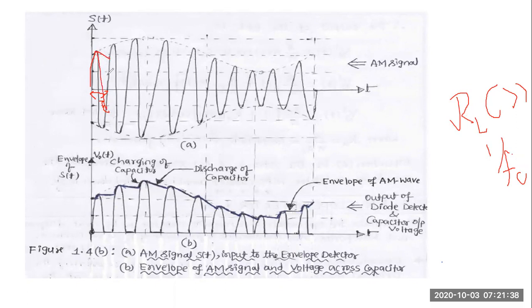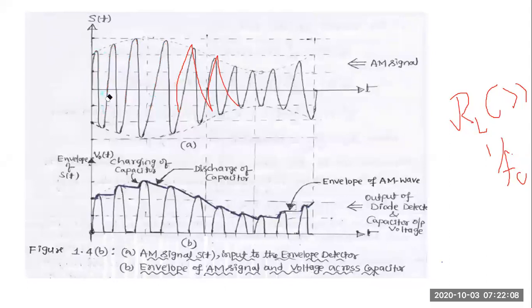It shouldn't discharge very fast. Then you can imagine how the waveform will look: charge, discharge, charge, discharge. So it will have a very high ripple factor. The capacitor waveform will look something like this. That can be avoided if we consider RL × C to be much greater than 1 by Fc.